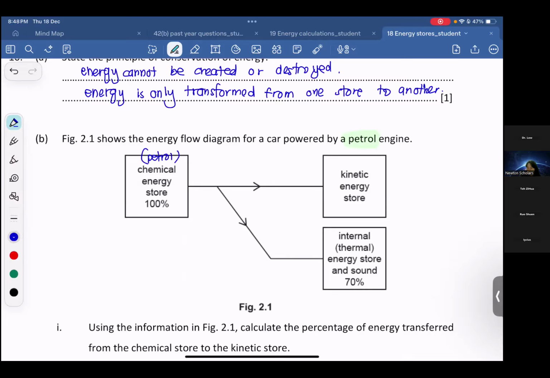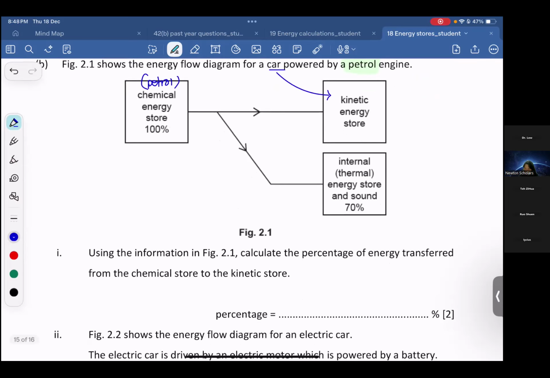Why kinetic? Because this is a car, it will move. So this is the useful energy. But of course, not all the energy goes to the useful one. There might be some wasted energy.